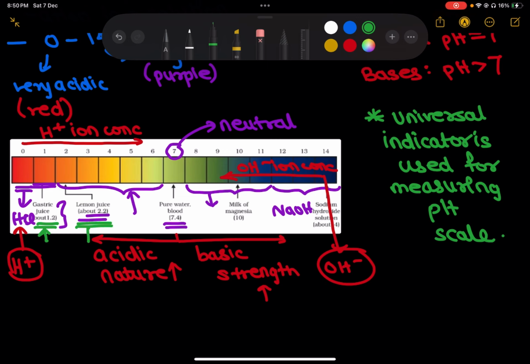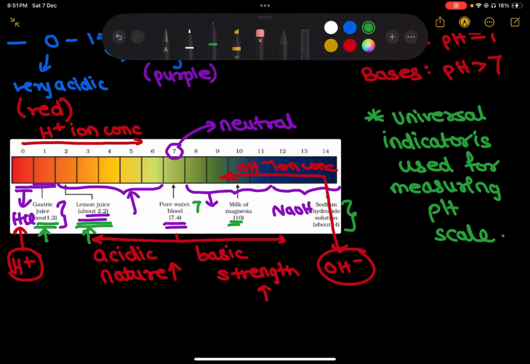Lemon juice is 2.2. Pure water is exactly 7. Blood is 7.4-ish, a bit alkaline, slightly alkaline. Milk of magnesia, which is Mg(OH)2, is 10, so it is mildly basic. And sodium hydroxide, I'm sorry, highly basic, NaOH, right?